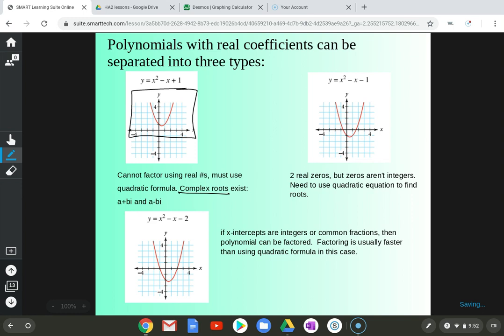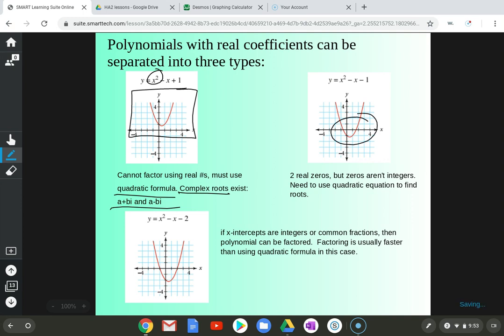These are complex roots, which means they're going to have imaginary numbers in them because this function never intersects the x-axis. It's a quadratic. You can solve using the quadratic formula. You will get 2 answers, but they won't be real. They'll be imaginary or complex. And you can see that because we have a parabola, but it never intersects the x-axis. So we have no x-intercepts, but we do have 2 complex roots.